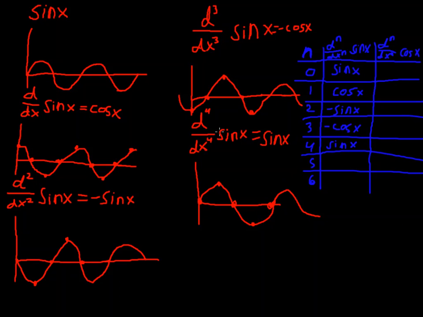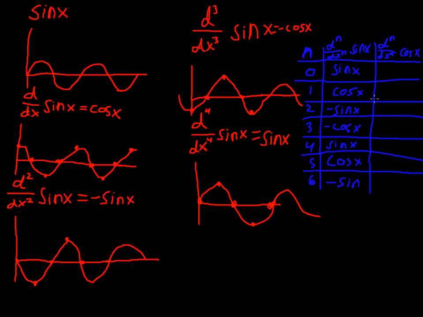The fifth derivative, that's the derivative of the fourth derivative, it's going to be the same as the first derivative, that's cosine x. The sixth derivative is the derivative of cosine, which is minus sine. And then you can see the seventh derivative would be minus cosine, eighth derivative would be sine, etc.